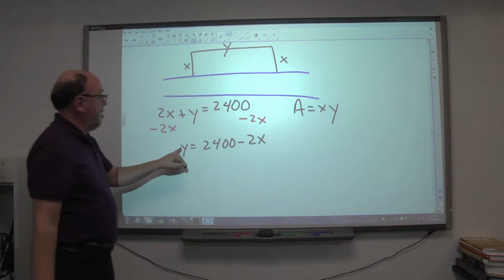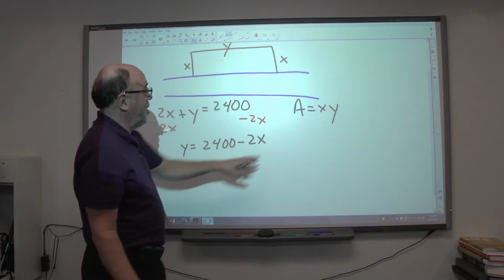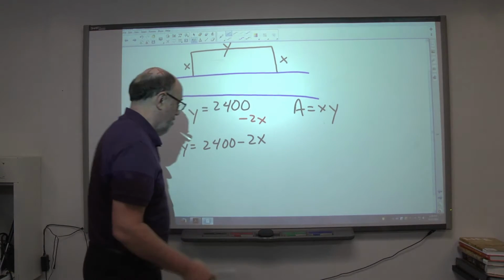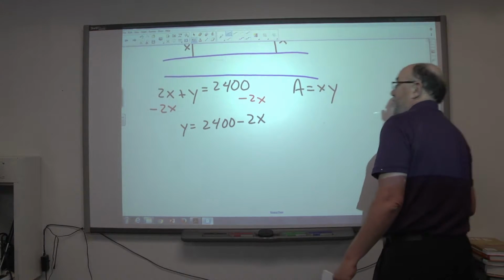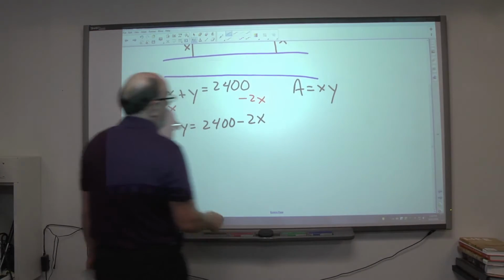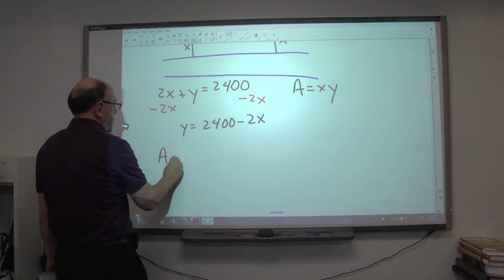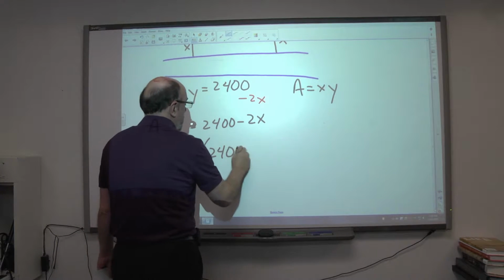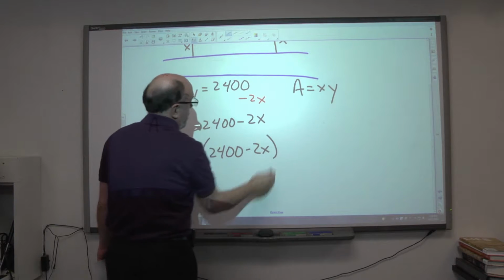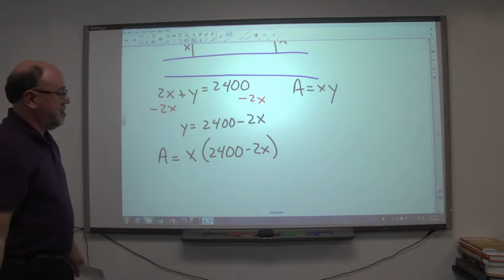So now we can take this and plug it in for y over here. And so now our area equation will be in terms of only one variable. So it'll be x times 2,400 minus 2x.